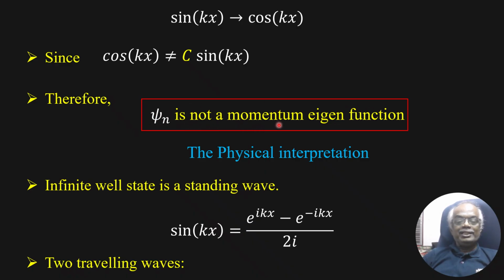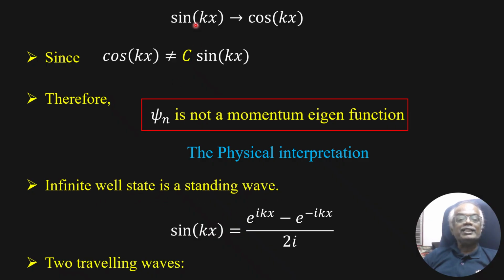Not only the ground state; in our problem they have given the ground state because it's the simplest one. However, that is true for any state, the nth state, in the infinite potential well. So, what is the physical interpretation of this? The physical interpretation is that the infinite well state is a standing wave.